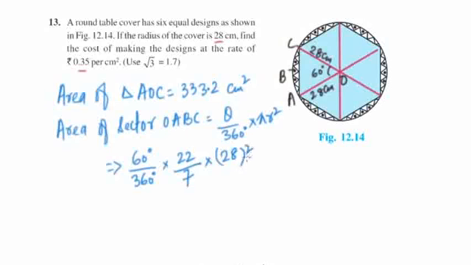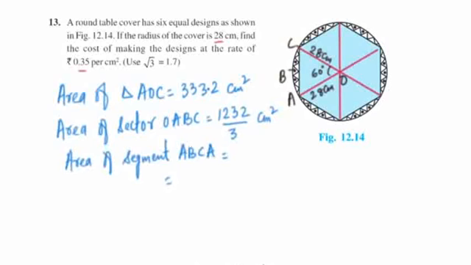So it will be a square of 28, and from here we'll get the area of sector as 1232 divided by 3 square centimeter. Now we will get the area of segment ABCA, which is 1232 divided by 3 minus 333.2 square centimeter.